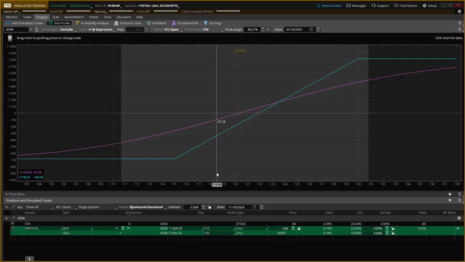But I've reduced my risk to that stop loss because of the short strike that is expiring in my favor. So I've lowered my stop loss risk on that trade by having that short strike. Okay, does that make sense?